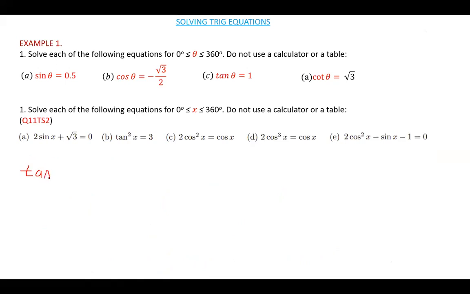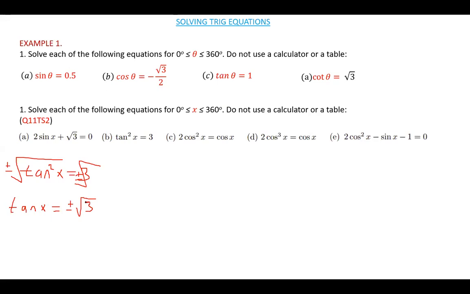This is tan squared x is equal to 3. So you know when you are finding this, you always move with plus or minus. I've just remembered this. Plus or minus, meaning our tan x is going to be positive or negative root 3.